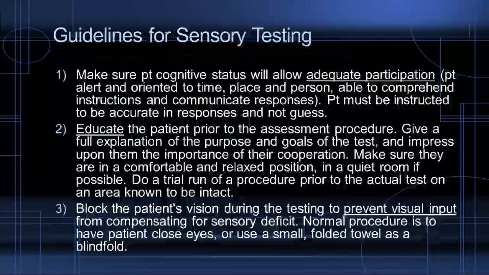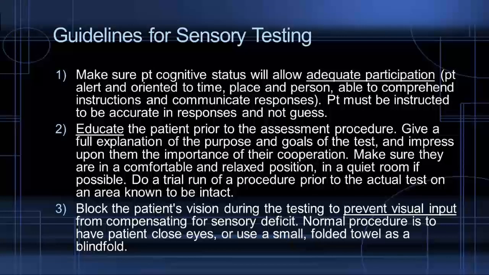As far as guidelines for sensory testing, you have to have a patient whose cognitive status allows them to actually participate. They have to be alert and oriented to time, place, and person. They have to be able to understand your instructions, and communicate with you adequately so you know what their response is. You have to instruct them to be accurate and not guess on their responses.